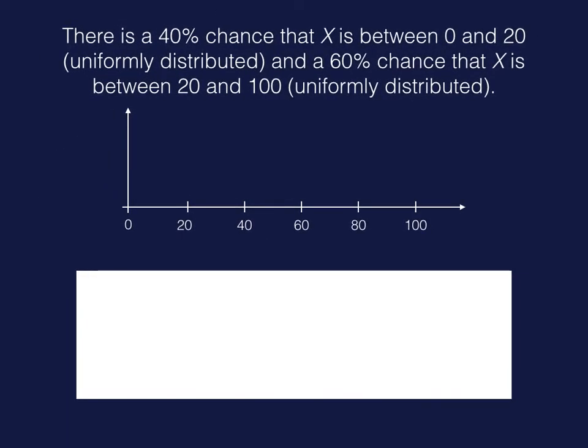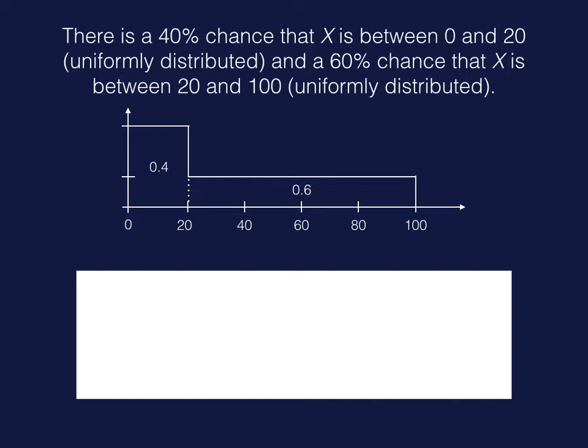Okay, next example. Let's say we have a mixture of two different uniforms. There's a 40% chance x is between 0 and 20, and that's uniform. And a 60% chance x is between 20 and 100, also uniform. So it's going to look like two uniform distributions set side by side.